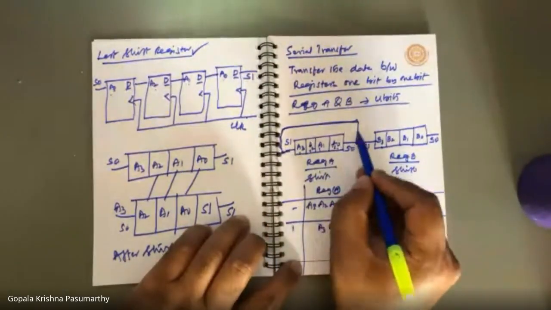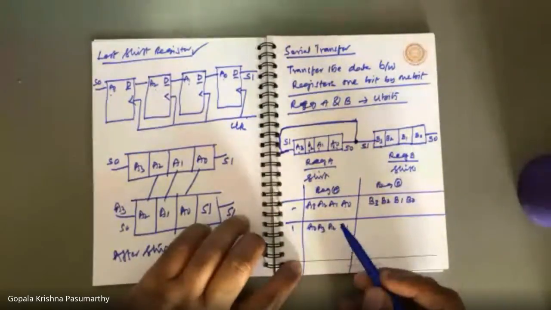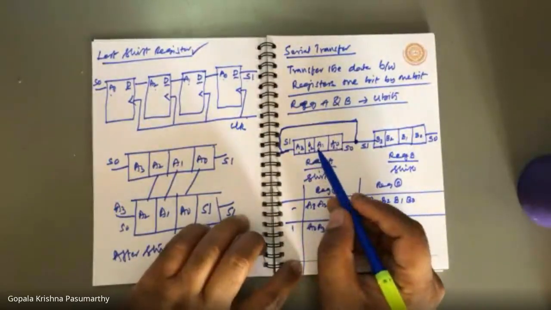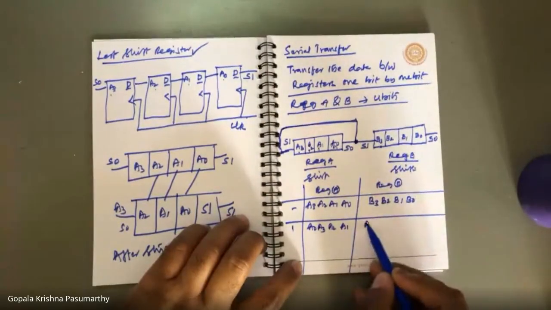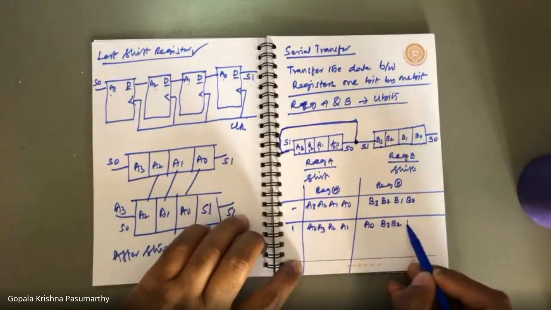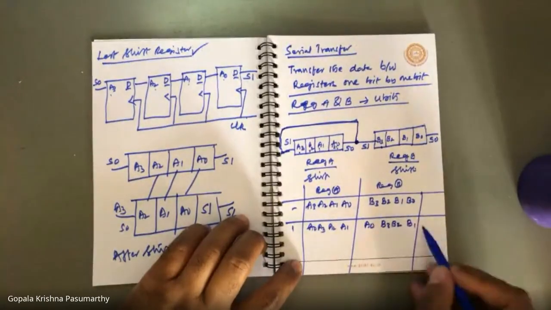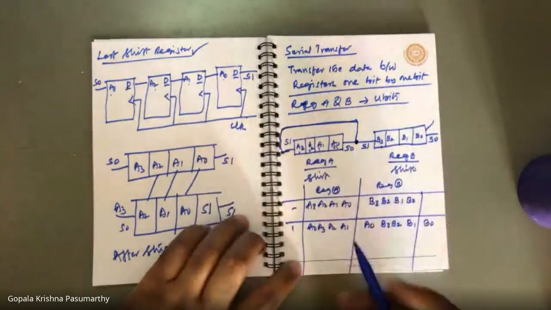So what goes out? A0. A0 comes and joins here. So this happens with register A. Now this A0 comes out and is connected to B3. So B3 is occupied by A0, B3 comes here, B2 comes here, B1 comes here, B0 goes out. See, this is how it got shifted.